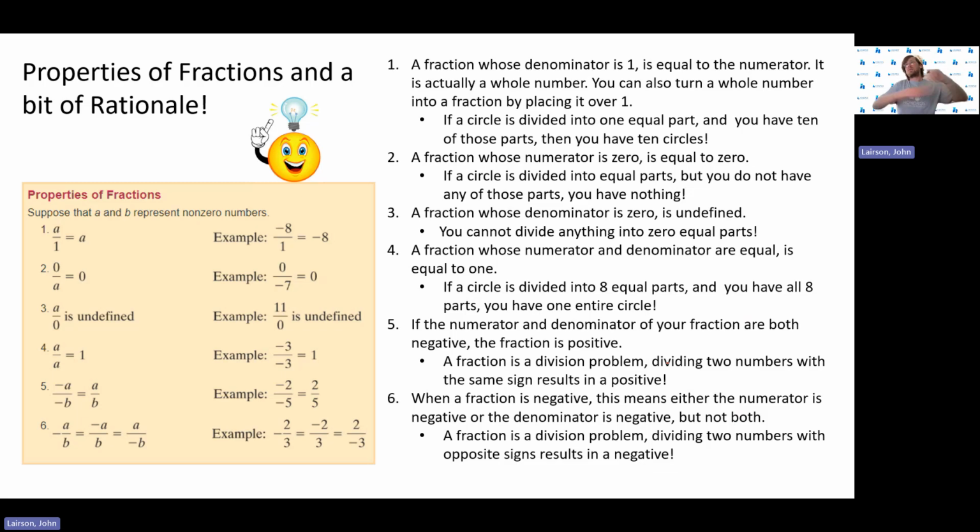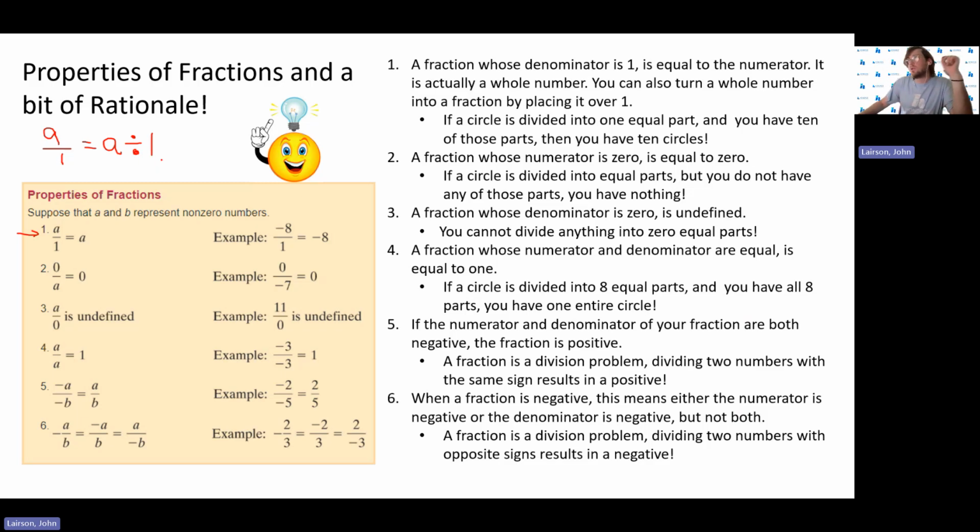All right, so some properties of fractions, and I'll go through all of these. I kind of skipped through some of them last time. One thing to keep in mind here is a fraction is just division, right? So with this first one, a over 1, a fraction is just division. So a over 1 is just a divided by 1.